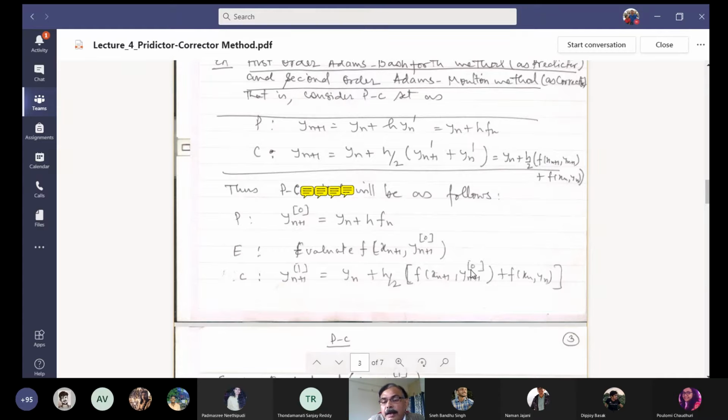Y1 we will take as y1, 0, which we got using the predictor method, so that we can evaluate the right hand side. That is y0 plus h by 2 times f of x1 and y1, 0, plus f0. y0 is already there. Is this clear? The first step is clear.